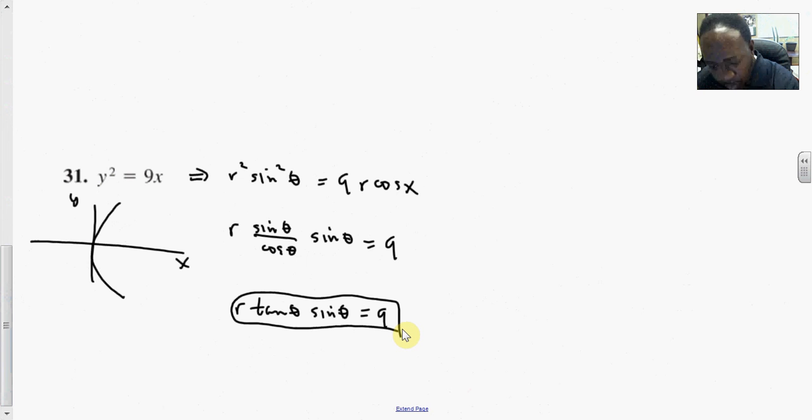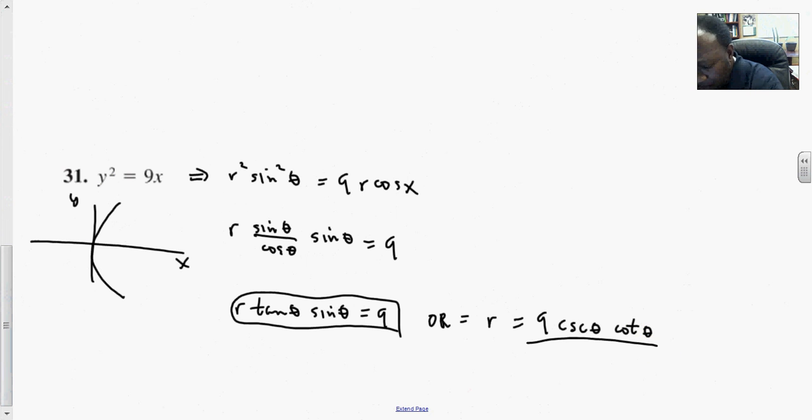And you can get the terms on the right side, so that would give you r is equal to 9, 1 over sine is cosecant theta, and then 1 over tangent is cotangent theta. So either one that's okay.